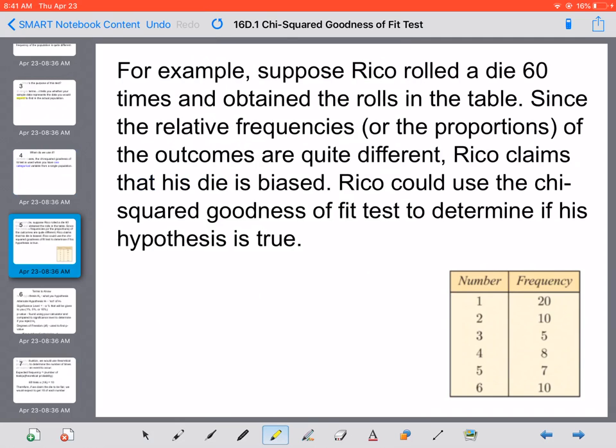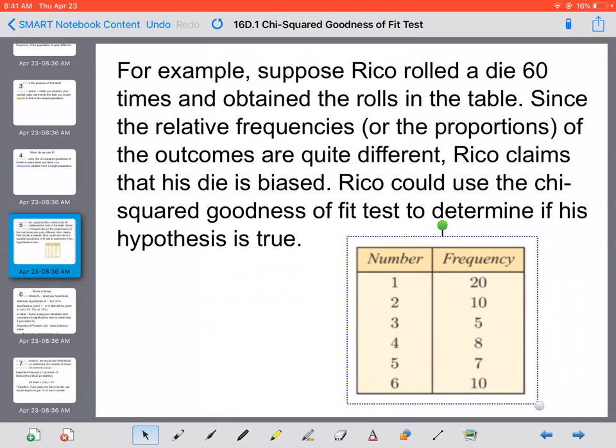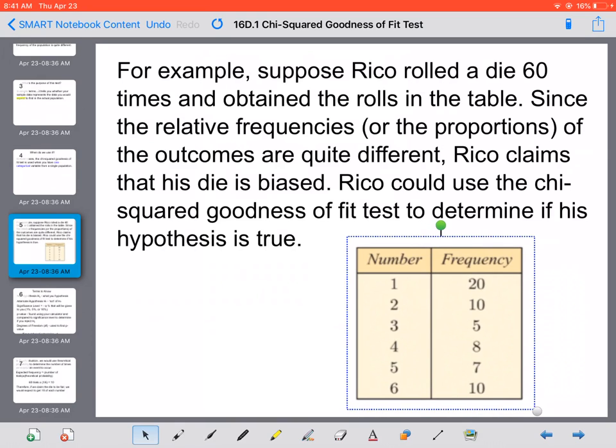So let's look at an example here. Rika rolls a die 60 different times and obtains the rolls in this table here. So he got a 1 20 times, a 2 10, etc. And those relative frequencies are the proportions of the outcomes. And if you look at that frequency, those are fairly different.